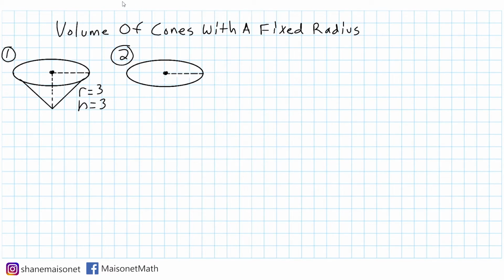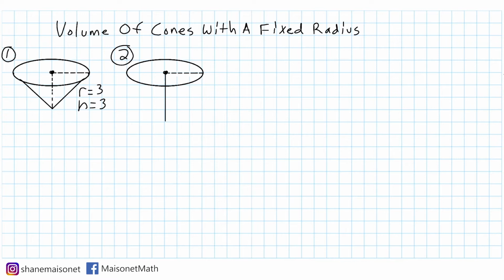However, what we're going to do with that is we are going to change the height this time, okay? So this time, instead of a height of 3, we're going to go to a height of 4. So from the center, we go down 1, 2, 3, and 4. So it's just a little bit taller than the previous cone.